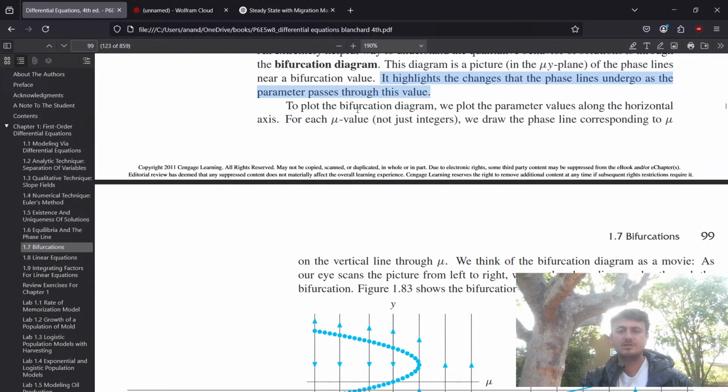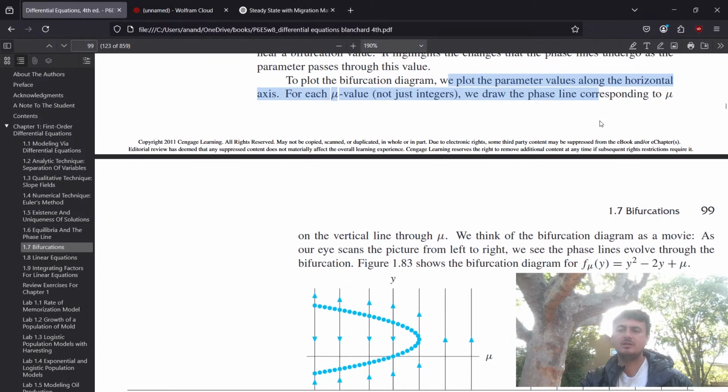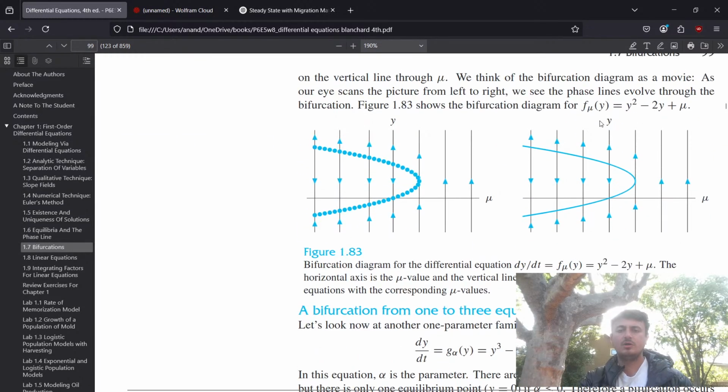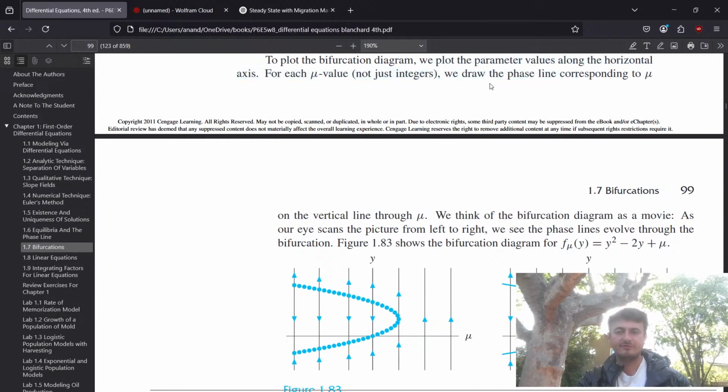To plot the bifurcation diagram, we plot the parameter values along the horizontal axis. For every mu value, not just integers, we draw the phase line corresponding to mu on the vertical line through mu.